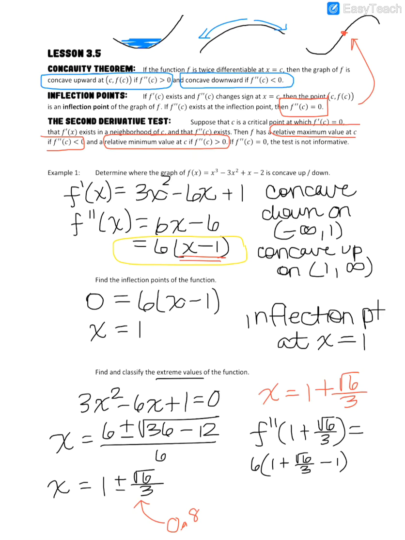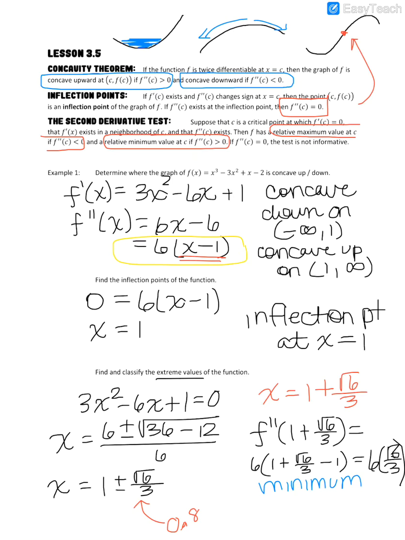Inside this parenthesis, the ones are going to cancel, so I get 6 times radical 6 over 3. I don't really care what this equals, I just care about it being positive or negative. It is positive. What that means is that at this point, the graph is concave up, which means that this point is a minimum, because if I'm concave up, that extreme value has to be a min. So I'm going to write down that this one is a minimum.